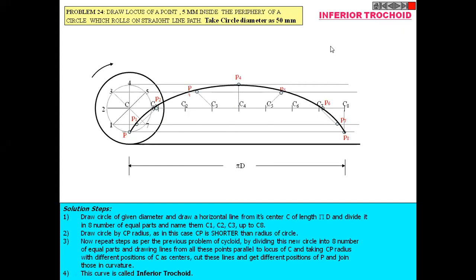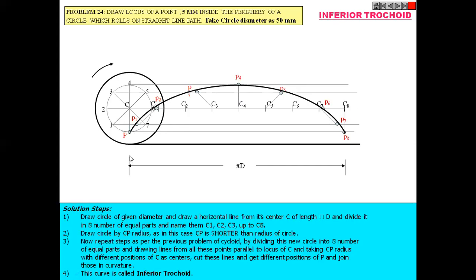So the majority, about 90% of the process, is similar; only we have changed the position of point P. So shortly I am repeating the differences between these three curves. In the first case, the point P is exactly on the circumference, and the curve is a cycloid. In the second case, the point P is 5 mm away from the circumference.